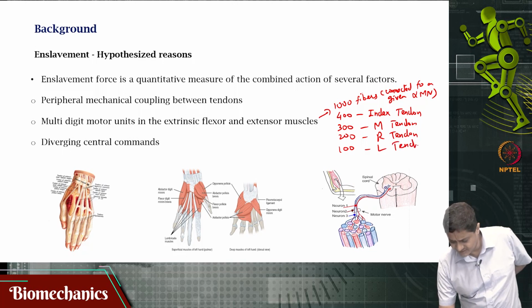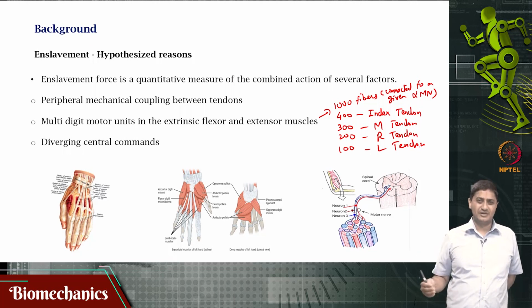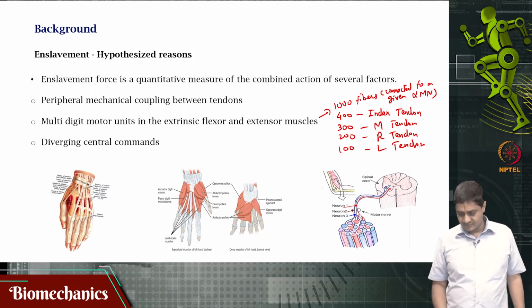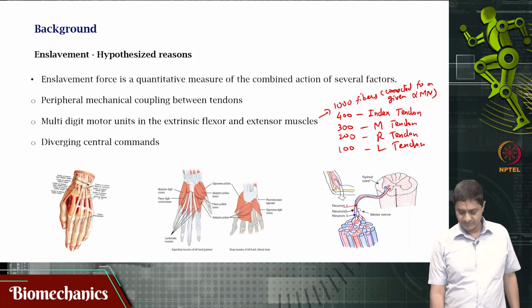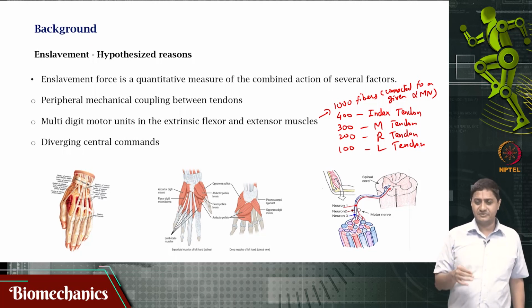Well, actually it does not have to be this way. It appears as if there is a gradation, 400, 300, 200, 100, but it does not have to be. Let us say some different numbers. The sum must be 1000. It does not have to be exactly 400, 300, 200. It is an example.